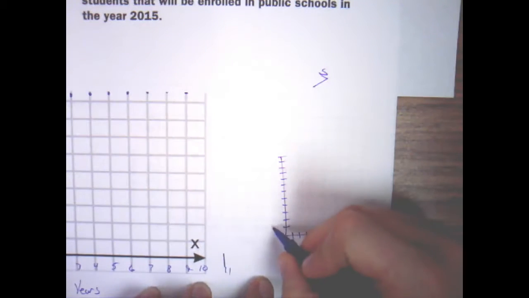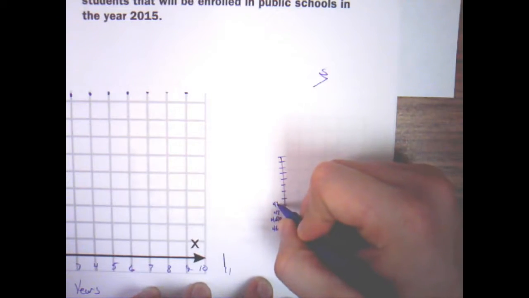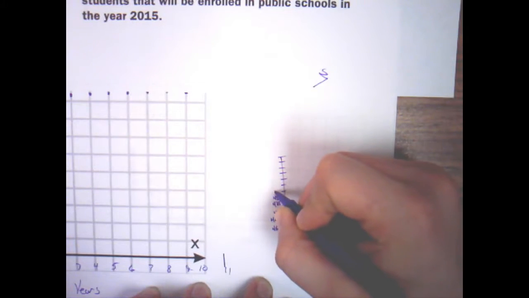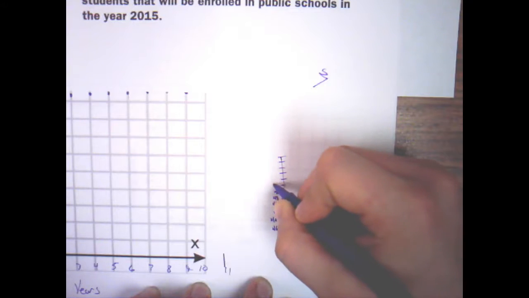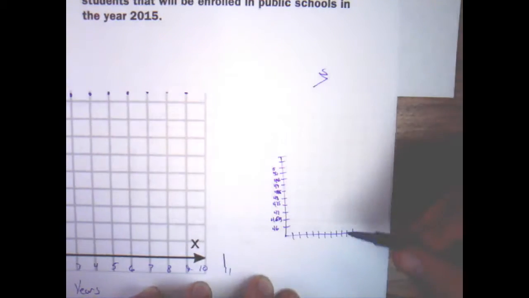Okay, where I started at 46 and 46.5, 47, 47.5, 48, 48.5, 49, 49.5, 50, and that would be it.